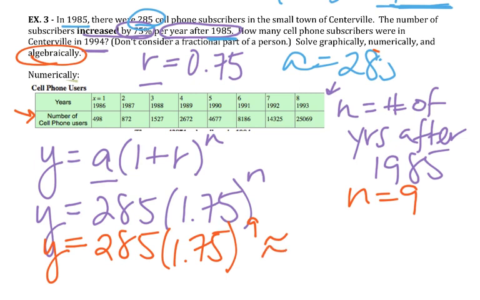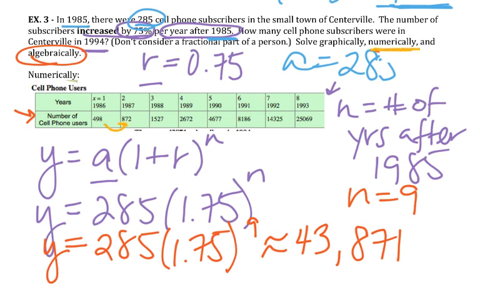Now that comes out to be about 43,871. We had to round because you can't have part of a person. So that's solving it algebraically, plugging it into our equation. Solving it numerically would mean that we're looking at our table.